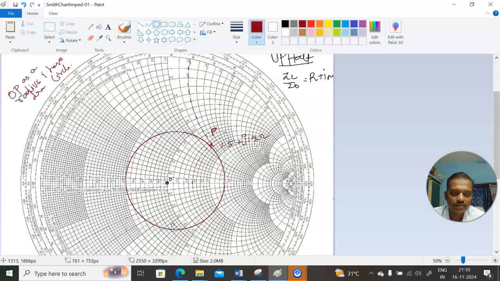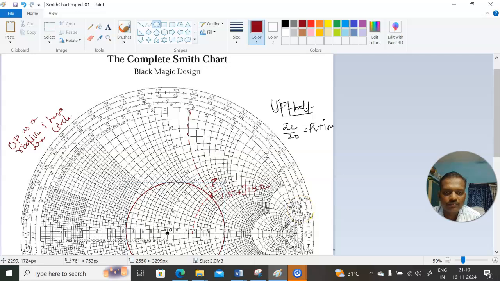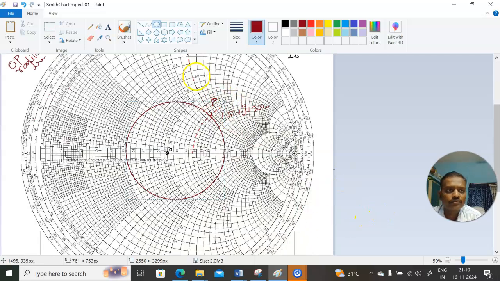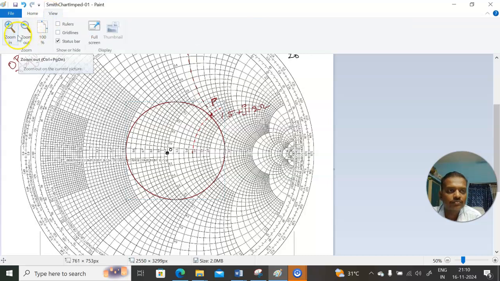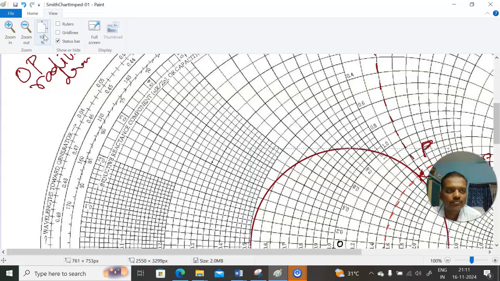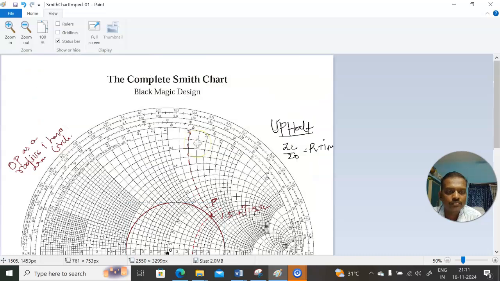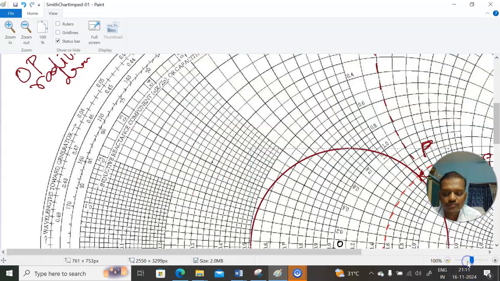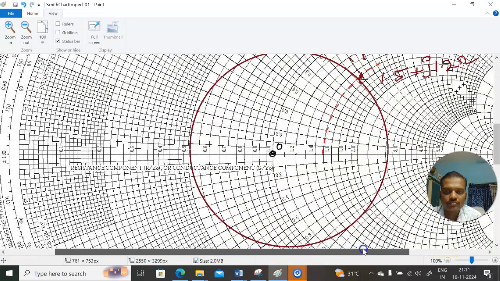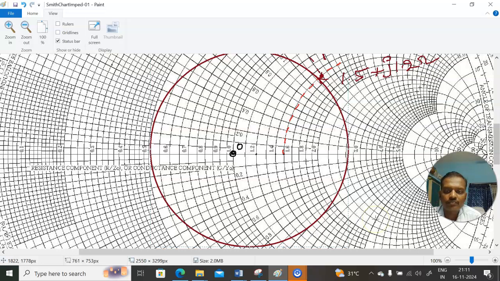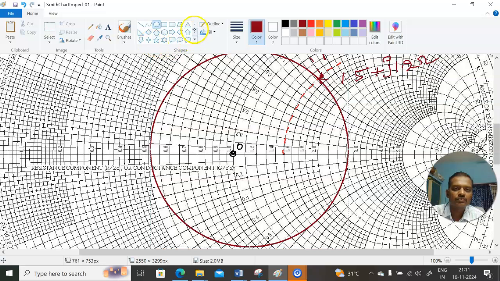Using a compass you can draw a circle. Now I have drawn a circle, in which this is the S value.